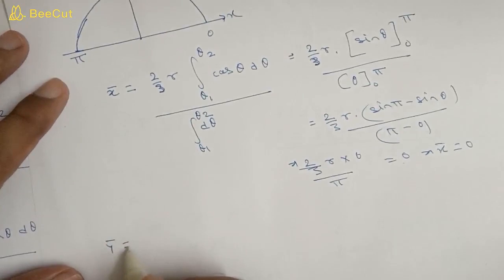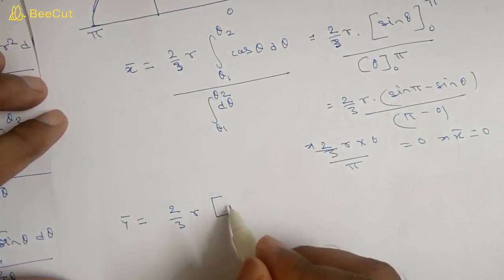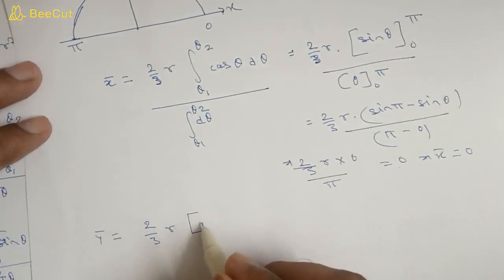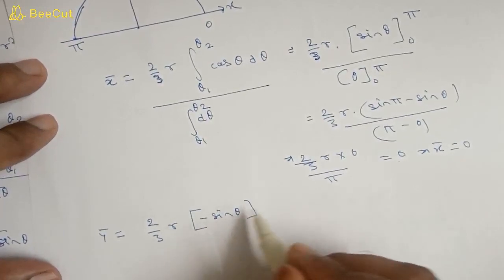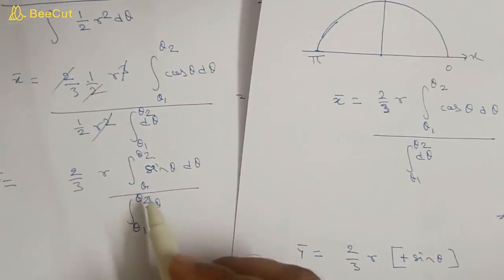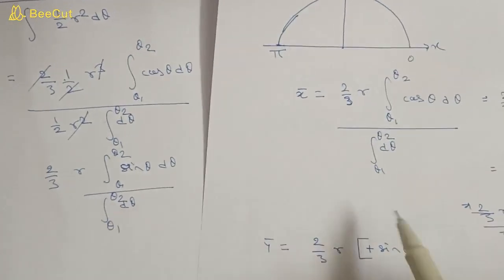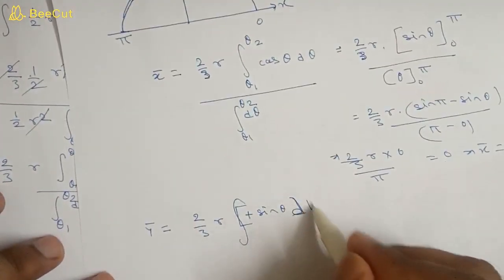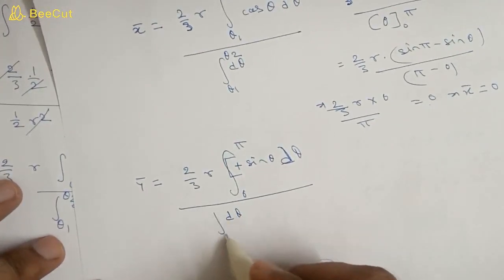Now y bar is equal to 2 by 3 r, integration of sin theta d theta from theta 1 to theta 2, divided by the integration of d theta from theta 1 to theta 2. So 2 by 3 r into the integration of sin theta d theta from 0 to pi, divided by d theta from 0 to pi.